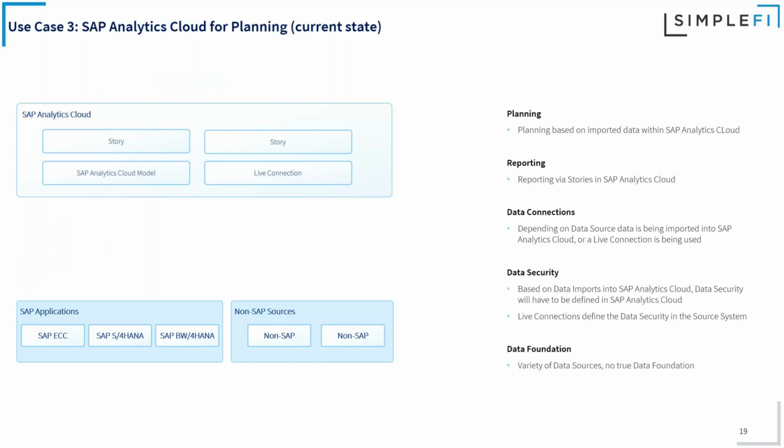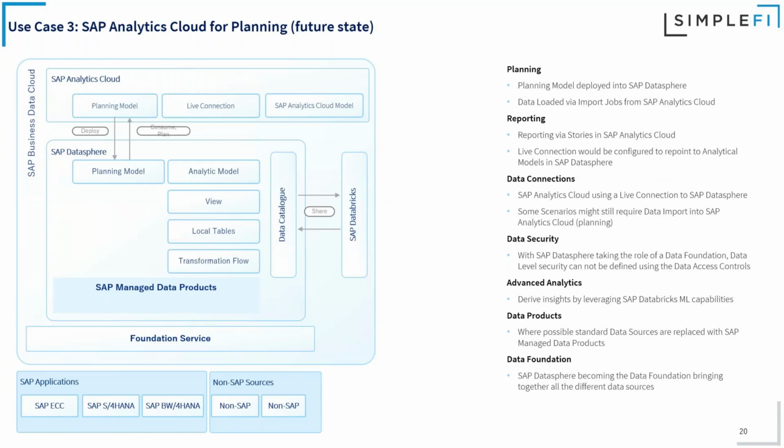So how can this now look like in a Business Data Cloud scenario, and what would change for this customer? So first of all, we're bringing in Datasphere into the picture with the seamless planning notion that SAP has released. You're able to create your planning model inside of SAC, but you're deploying it into Datasphere.